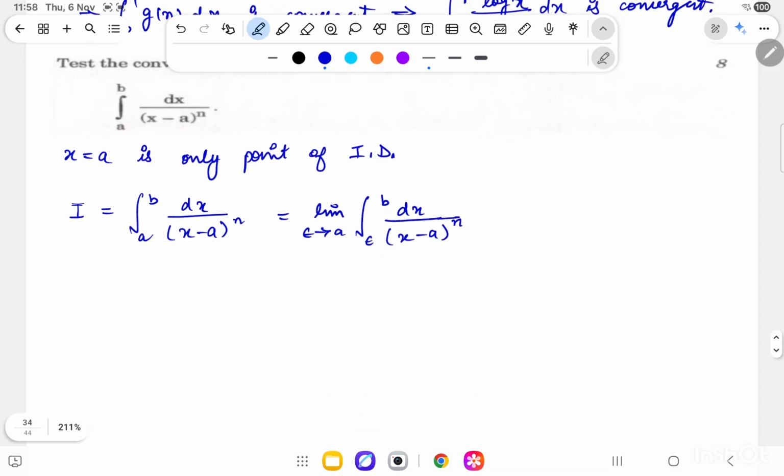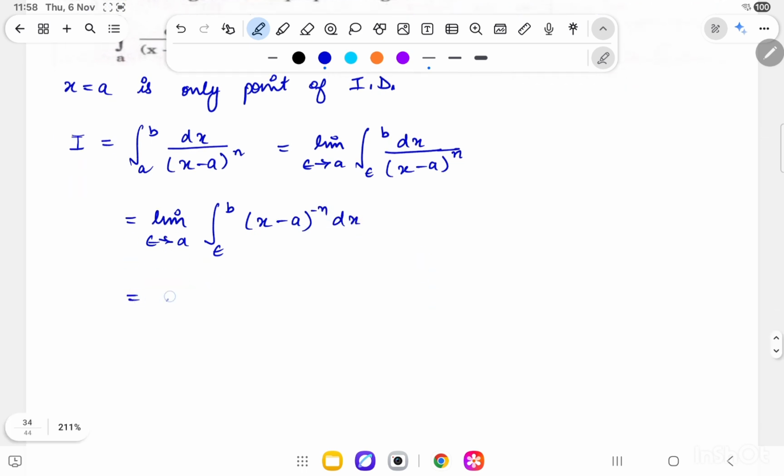Now if I evaluate it, it will be equal to the limit as epsilon approaches a of the integral from epsilon to b of (x minus a) raised minus n dx, which is equal to the limit as epsilon approaches a of (x minus a) raised 1 minus n divided by 1 minus n, with the limits varying from epsilon to b.